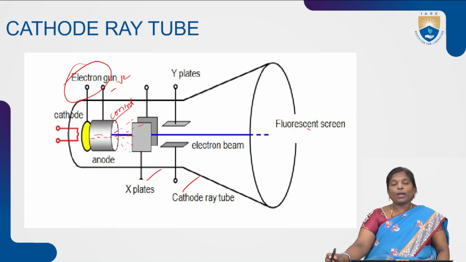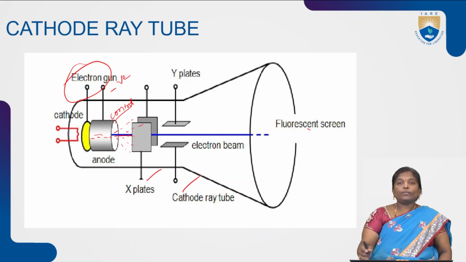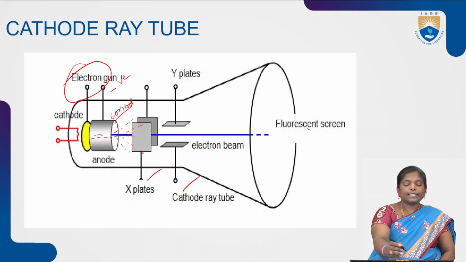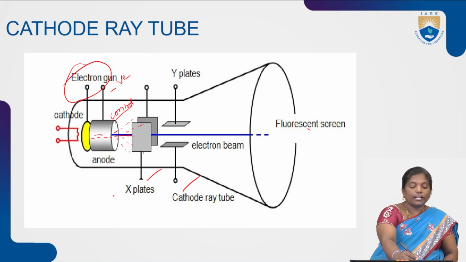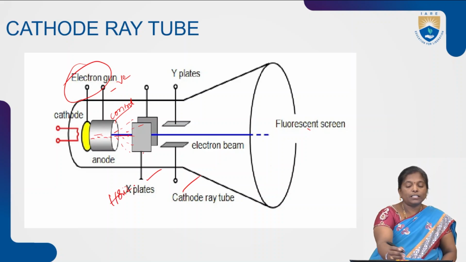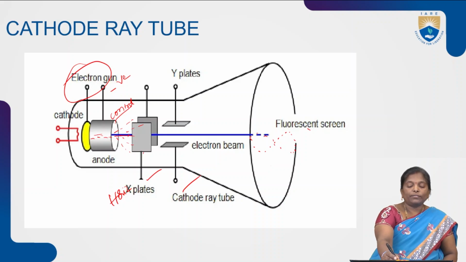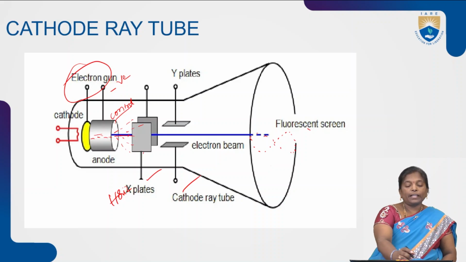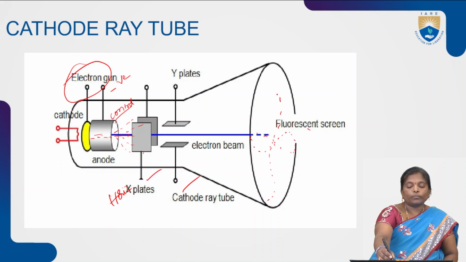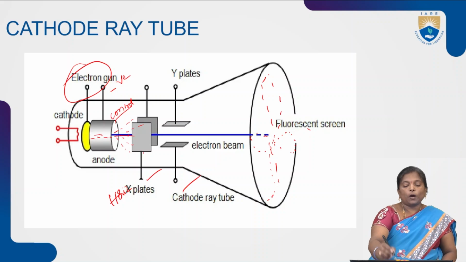When the electron beam has more intensity, if it meets the X deflection plates, also called horizontal deflection plates, it produces the electron beam spot movement horizontally from left to right or right to left. Similarly, if the same electron beam meets the vertical deflection plates, then the electron beam spot moves vertically from bottom to top or from top to bottom.